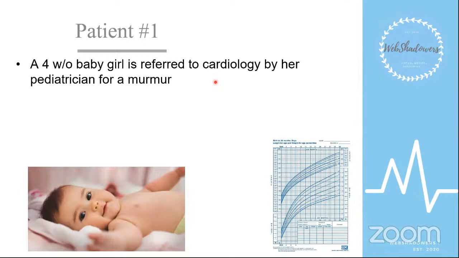So the baby was born full term, was born by C-section because mom had her previous C-section, and so it was a repeat. The APGARs were 9 and 9. The baby did not stay in the NICU. The baby passed her congenital heart disease screen, which is done at the newborn nursery. Normal hearing test. She got her vaccine, Hep B, vitamin K, all normal.